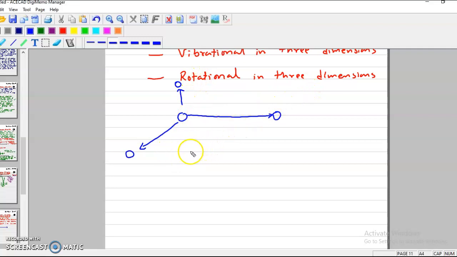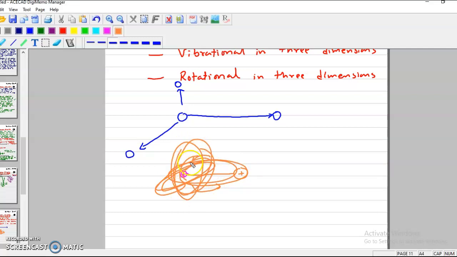For example, if we take one molecule made up of different atoms, obviously the bond will be polar and it keeps on rotating in different directions. This is the rotation in this plane, and similarly there will be rotation in different planes. These are called 3-dimensional rotational motions.